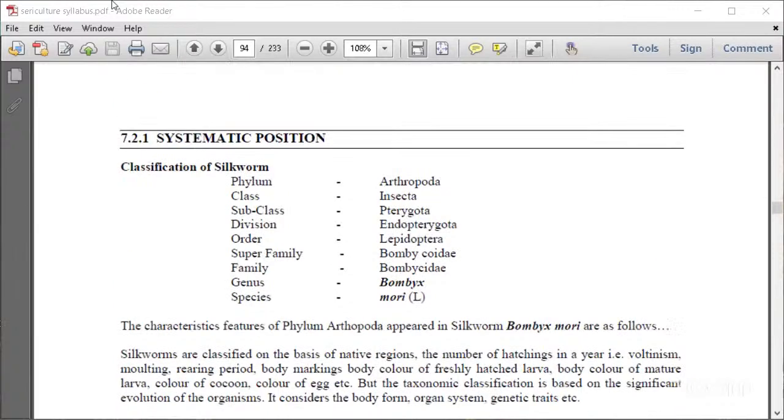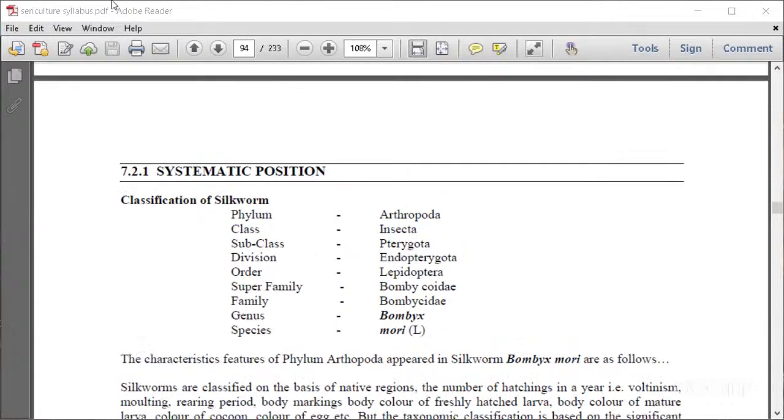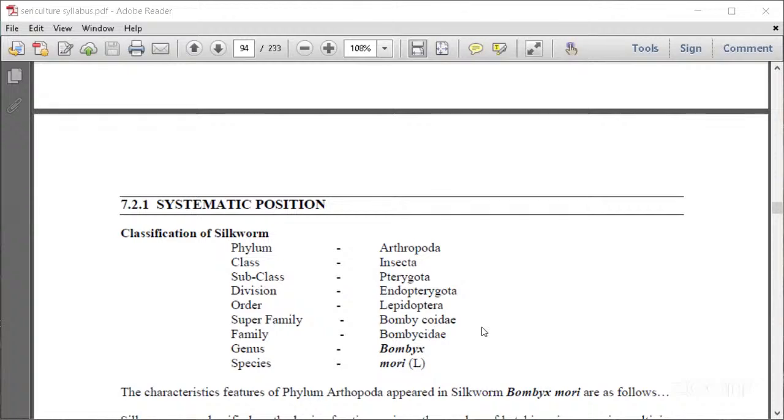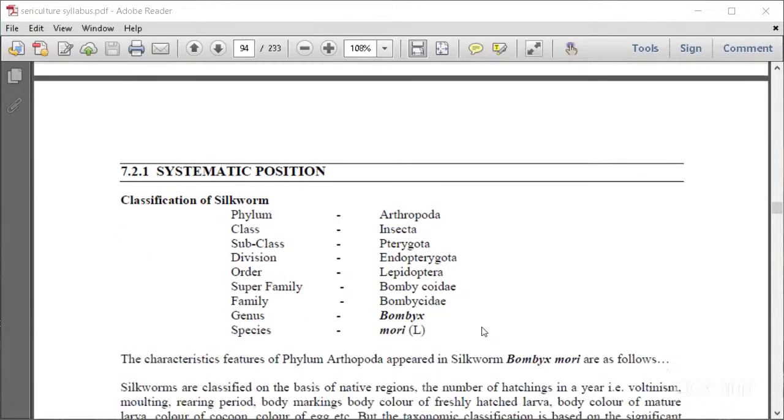This is about the systematic position of the silkworm. The characteristic features of phylum Arthropoda appear in the silkworm Bombyx mori.